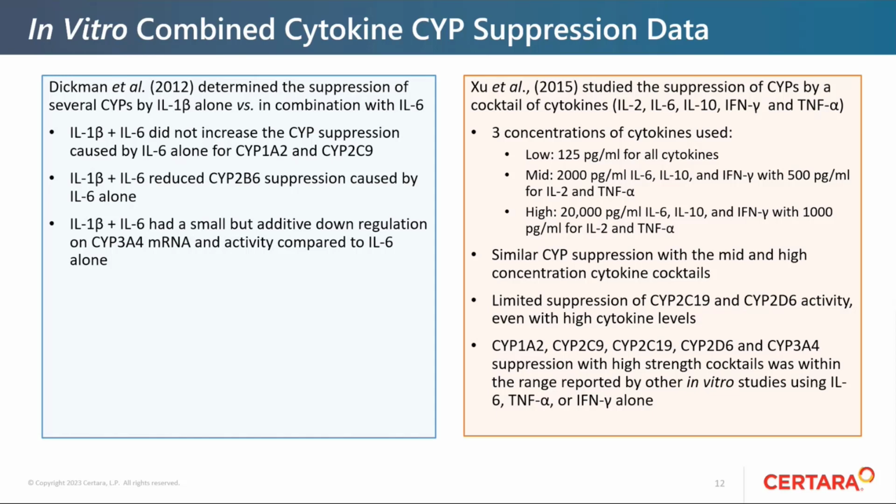Even so, the level of CYP suppression observed was within the range of values reported by other in vitro studies using IL-6, TNF-alpha, or interferon gamma alone. So taken together, this suggests that suppression by combinations of cytokines is probably not likely to increase the extent of CYP suppression compared with incubation with IL-6 alone.